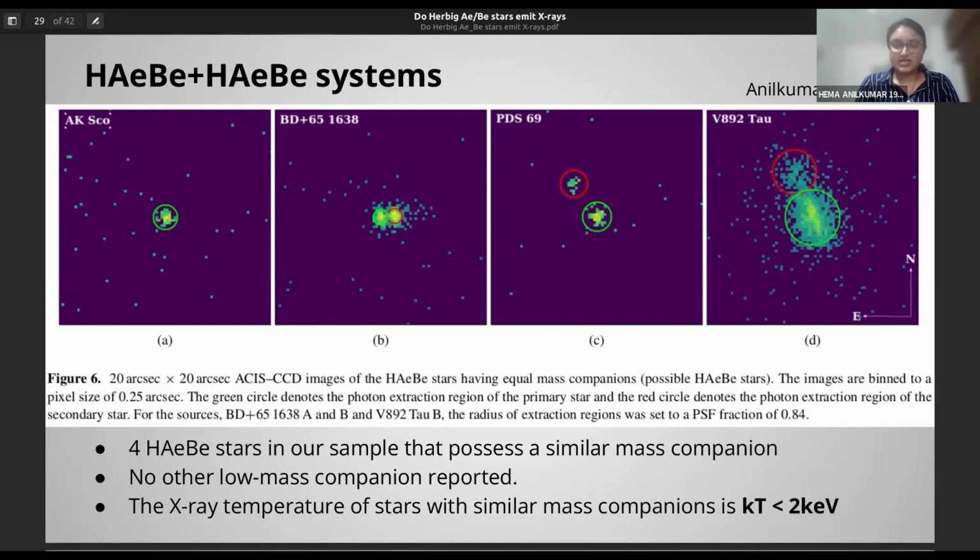V892 Tau is a triple star system where the central source is a binary of a later B spectral type, and it is associated with an M-type companion. So in these stars as well, we observe the plasma temperature to be less than 2 keV.